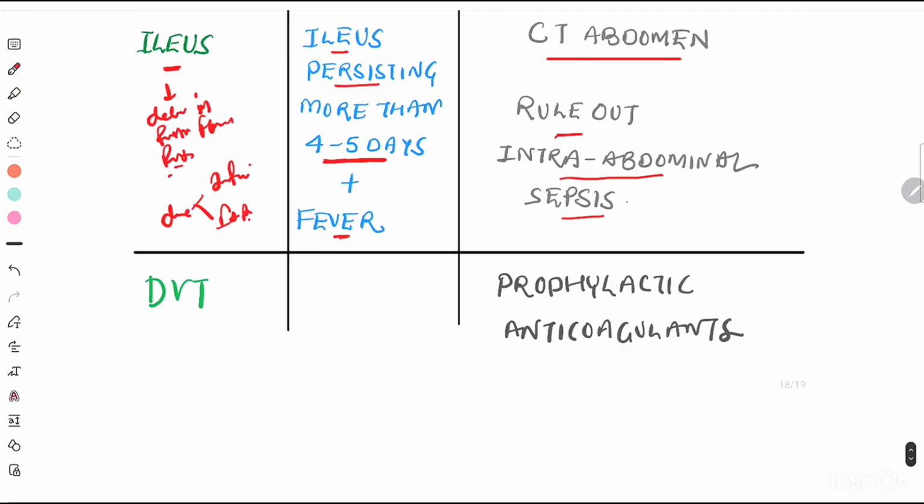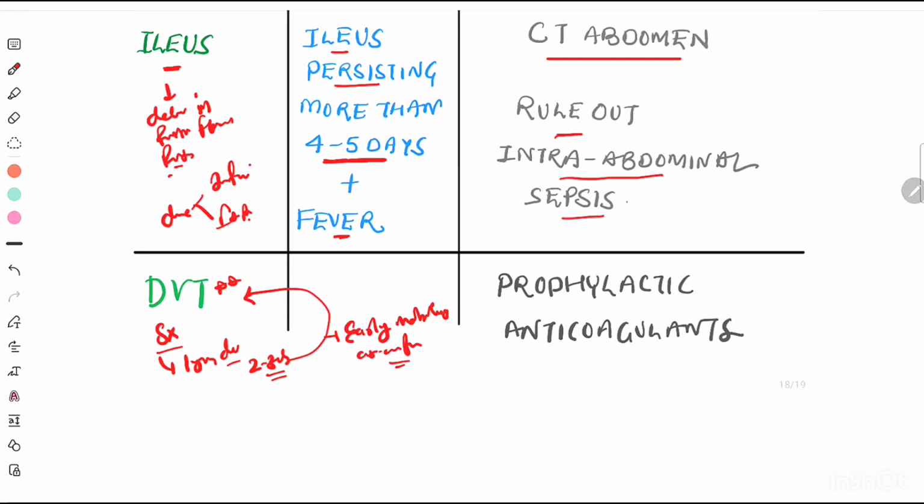And as you all know, after the surgery the patient lies down for 2 to 3 days, so there will be a risk of DVT. For this we ask the patient to mobilize as early as possible to decrease the risk of deep vein thrombosis, and we can give prophylactic anticoagulant like low molecular weight heparin.